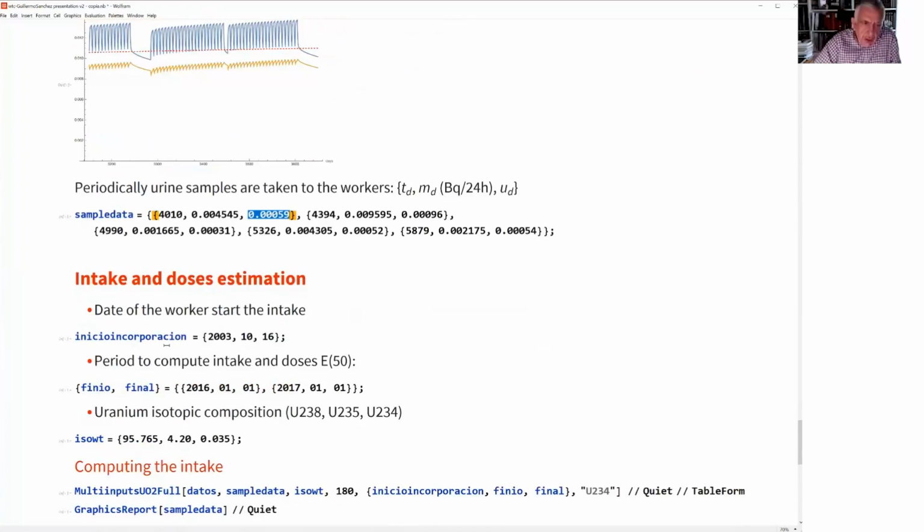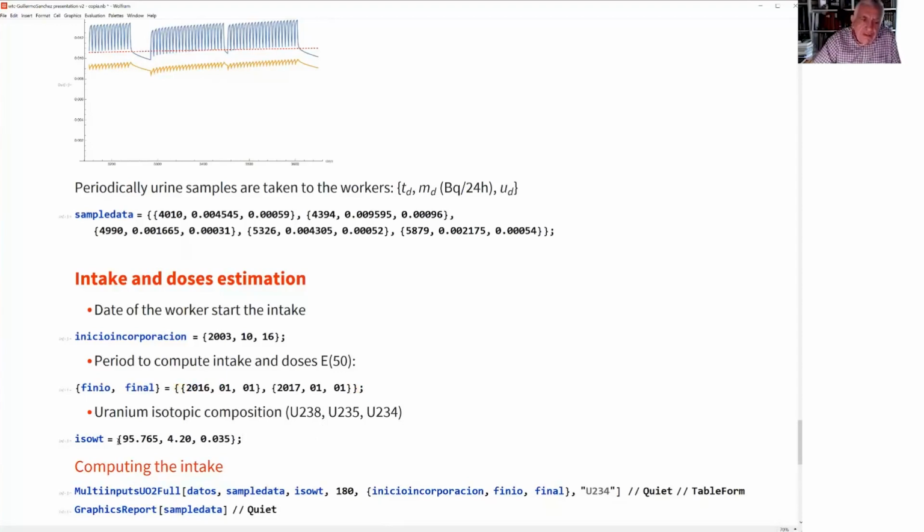For instance, when the worker starts to be exposed, and also the period for which we want to know the intake. We know the intake for this year.